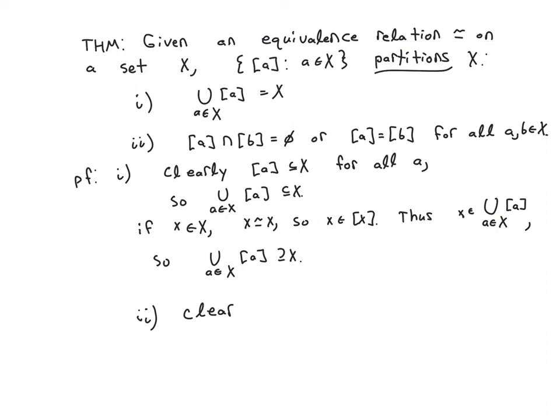That means the union of the sets in this collection. So a partition is a collection of subsets. So this union of subsets is the whole set. And the intersection of any two sets in your collection, in your partition, is the empty set. So in other words, the union of all the classes is the whole set, and the intersection of any two classes is either empty or the two classes are actually equal.